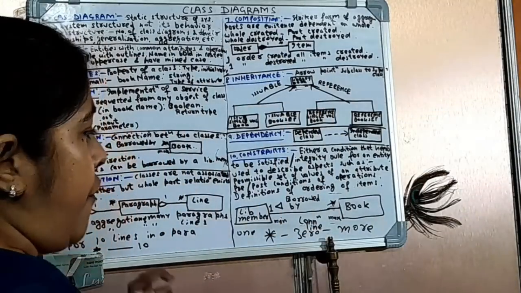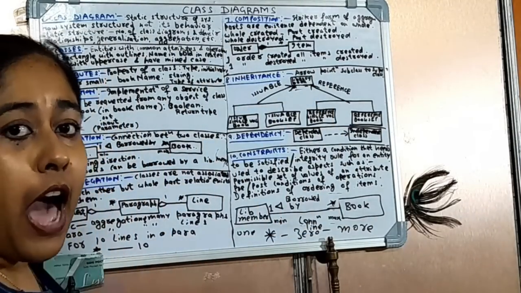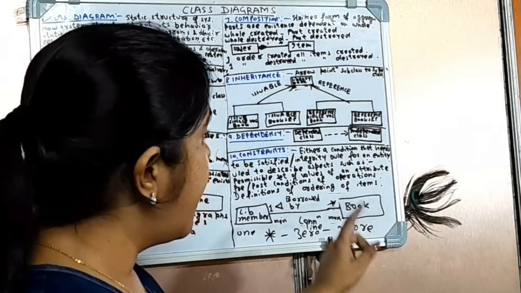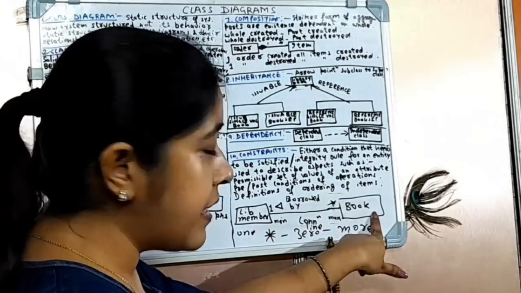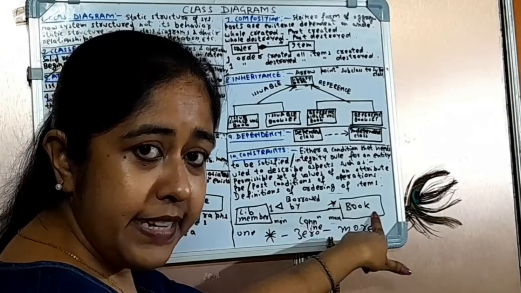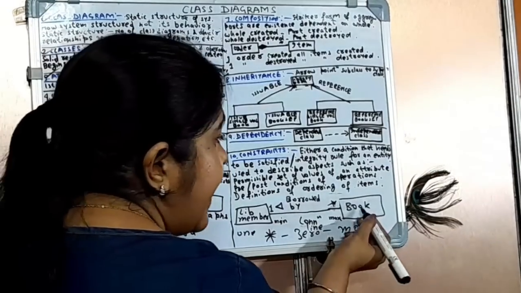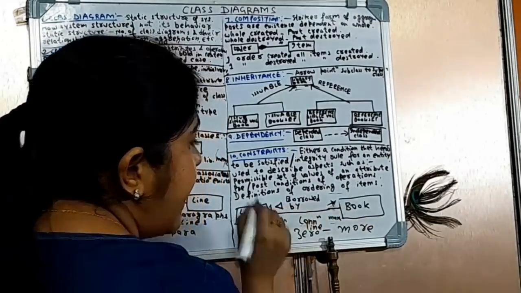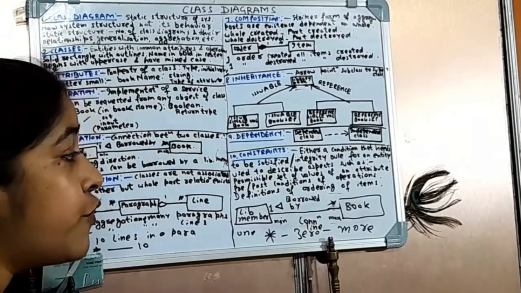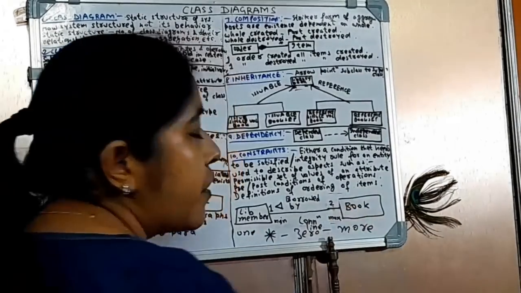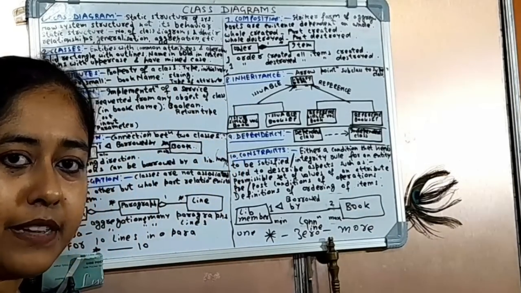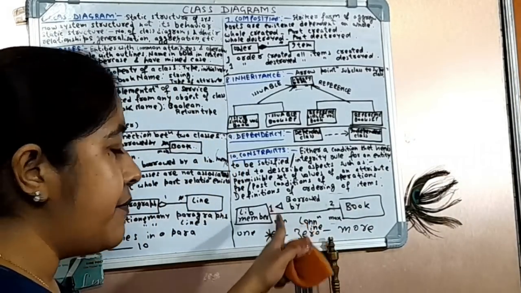Now when we are done with this, how are we going to read this? A library member, there are some books, any number of books. So any number of books can be borrowed by one library member. If you want to write 2 books, you will write that 2 books can be taken by one library member.